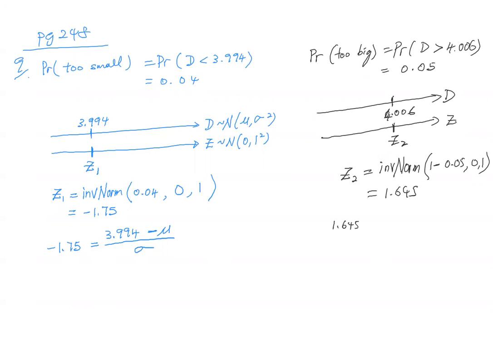1.645 is equal to the value for the diameter, take away the mean, divided by the standard deviation. So you get 1.645 standard deviation equal to 4.006 minus mean.